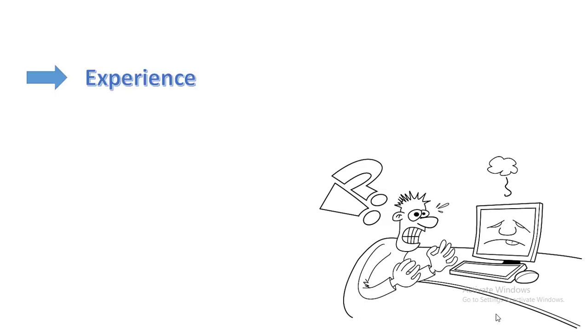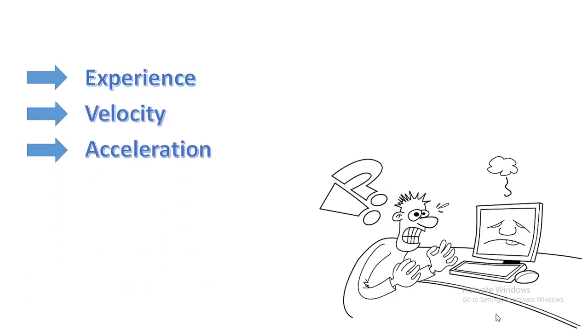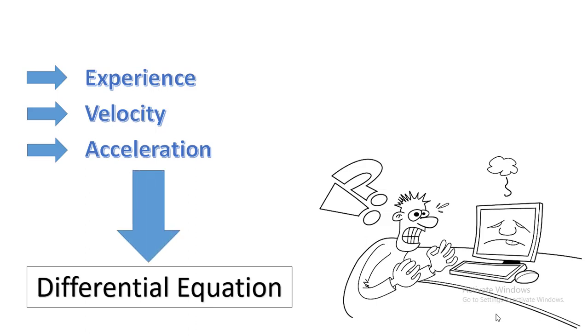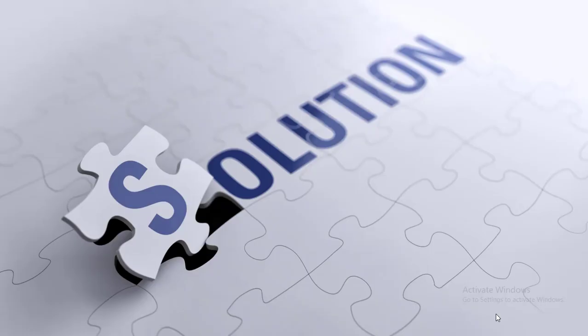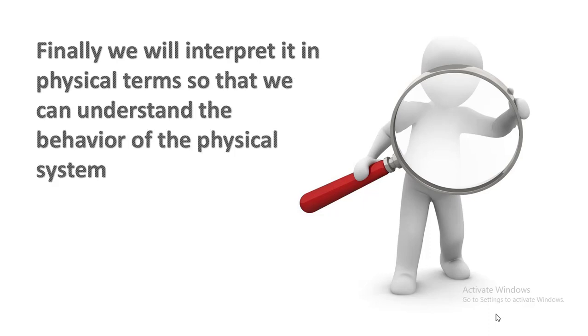Many physical concepts such as velocity and acceleration are derivatives. So such a model is called a differential equation. Remember guys, then we will find a solution for our differential equation and we will explore its properties, we will make a graph for it, and we will find its values.